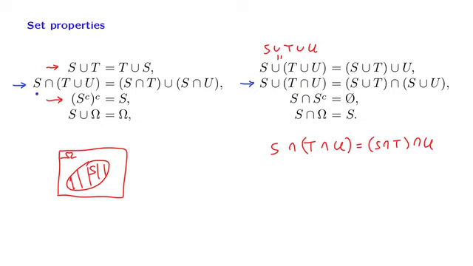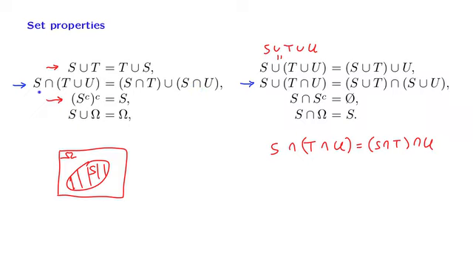If x is an element of this, then x must be an element of S, and it must also be an element of either T or U. Therefore, it's going to belong either to this set, it belongs to S and it also belongs to T, or it's going to be an element of that set, it belongs to S and it belongs to U.